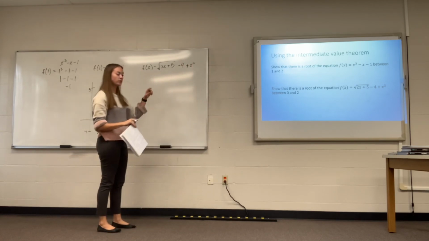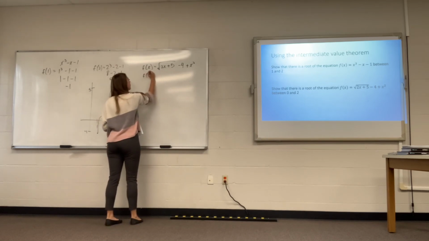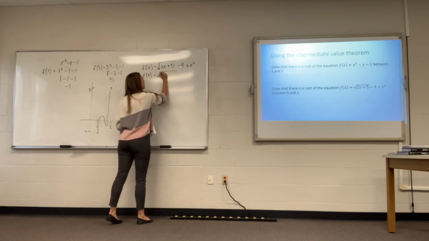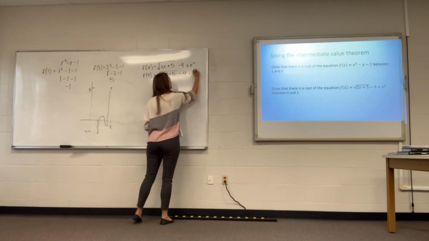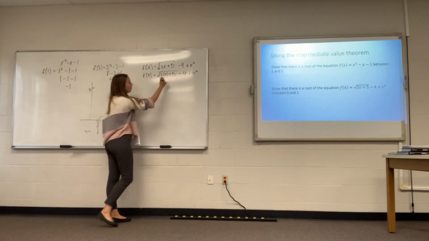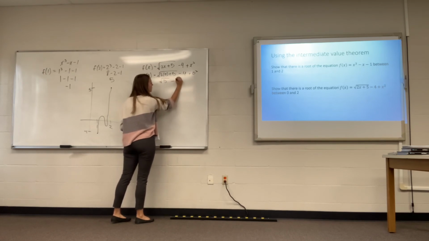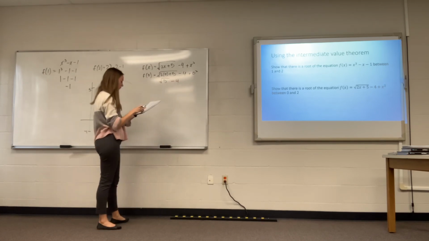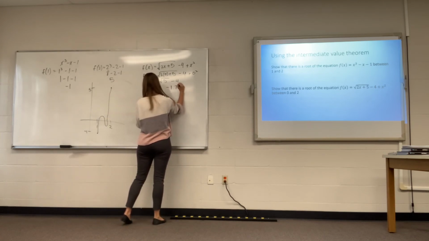So I'm going to plug in 0 and 2. My f of 0 is equal to the square root of 2 times 0 plus 5, minus 4 plus 0 squared. Well, 2 times 0 gives me 0, plus 5, so I'd have the square root of 5 minus 4, which, if I calculate it into a decimal, is negative 1.76.